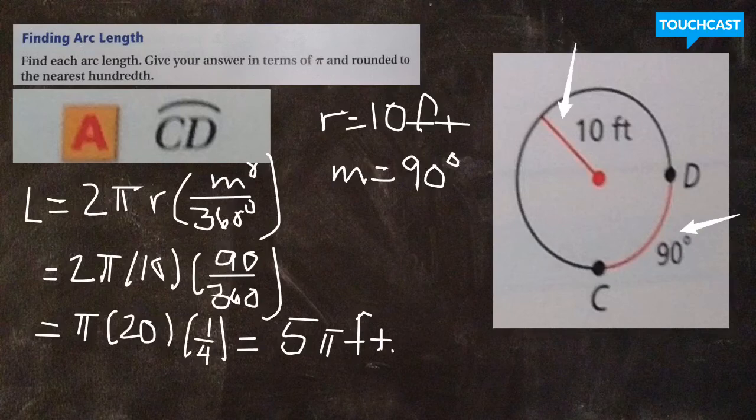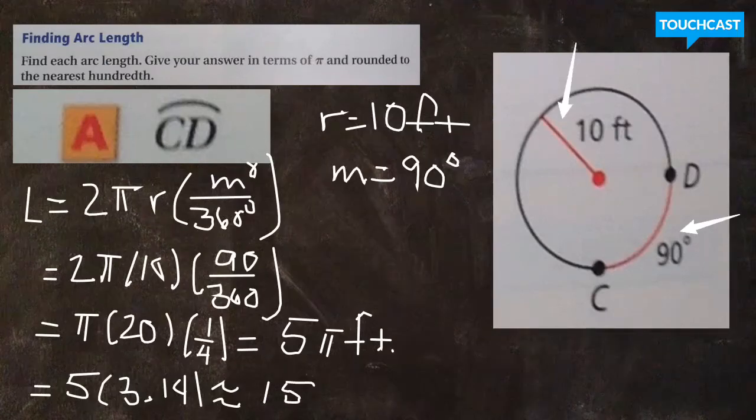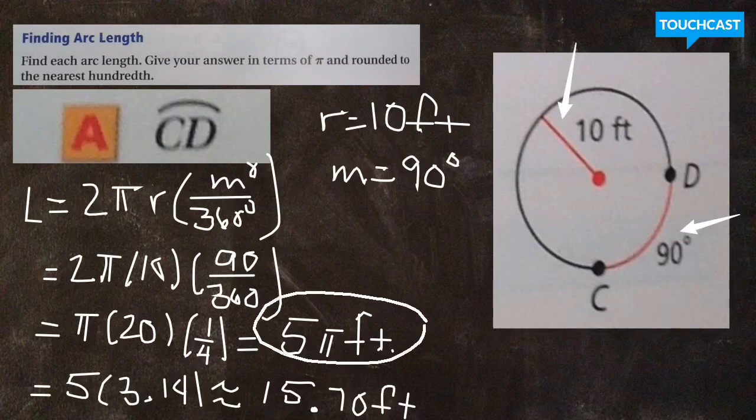Now we also want to round that to the nearest hundredth. So we need to take 5 and multiply it by 3.14, which is going to be about 15.70 feet. So we've got our arc length in terms of pi, and rounded to the nearest hundredth.